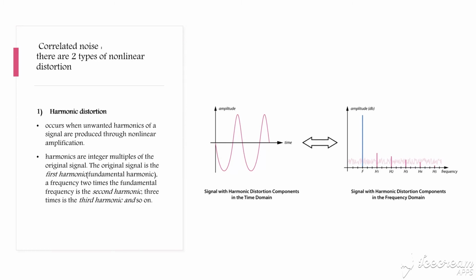So let's look at the other harmonics, which are H1, H2, H3. These are the second harmonic, third harmonic, fourth harmonic, and so on. H1, for example, is the fundamental harmonic multiplied by the frequency of 2. Okay, this is the harmonic distortion.